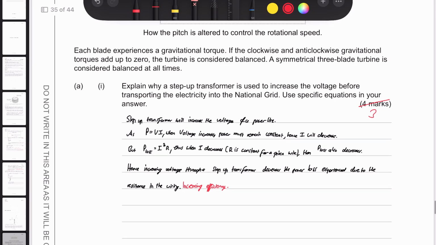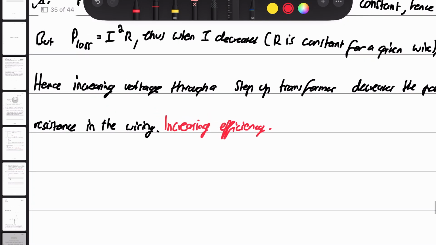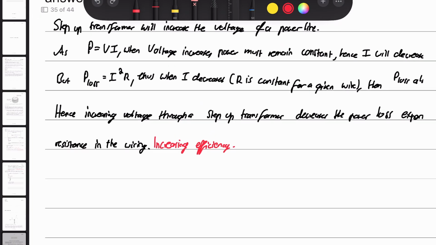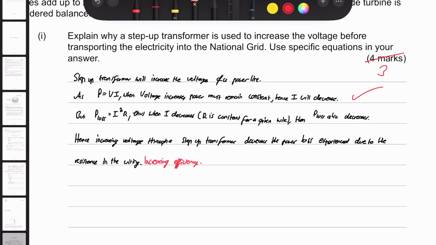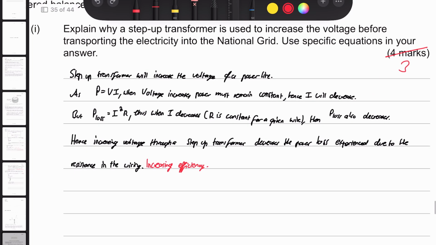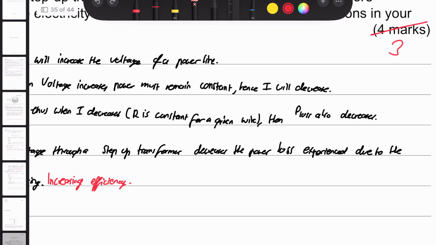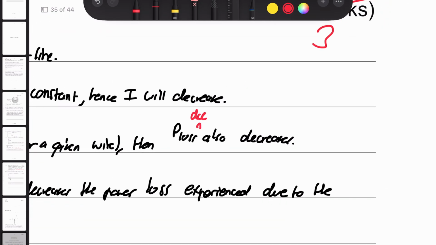Going down, I lost 1 mark here simply because I just didn't say that this increases efficiency. Apparently that was one of the marks. I got a mark here, here, and decreasing power. Voltage increase, power must remain constant. Current decrease, then P loss also decreases due to heat.